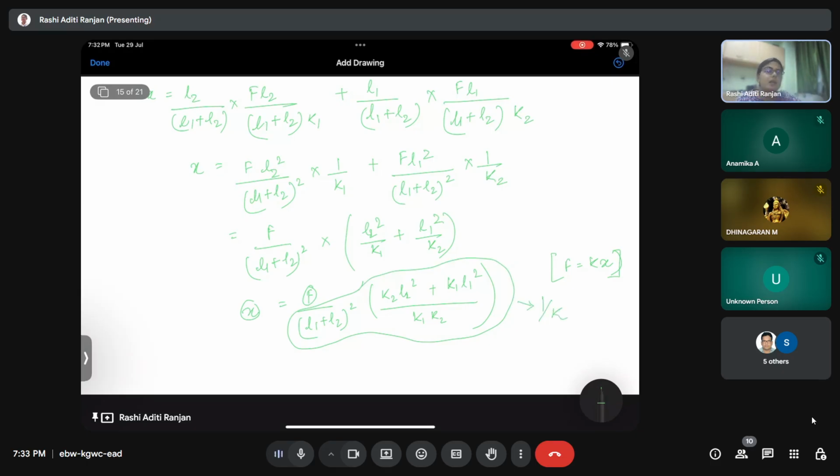Where K is nothing but the equivalent stiffness. Okay. So from here we can write Keq divided by F, K2 L2 square plus K1 L1 square.